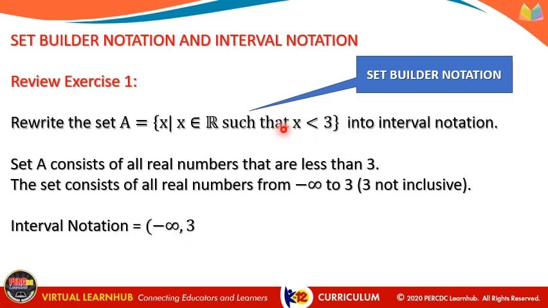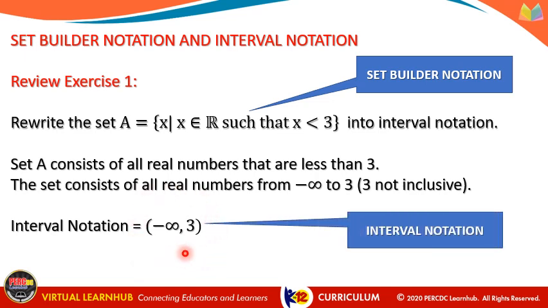Again, sabi dito, less than 3. Mas mababa sa 3. Ibig sabihin, yung saktong 3 hindi kasama. Since hindi kasama yung saktong positive 3, ang ilalagay natin ay parenthesis. And there you have it. This is now the interval notation of this set. Alright, so I hope clear po sa atin yon.